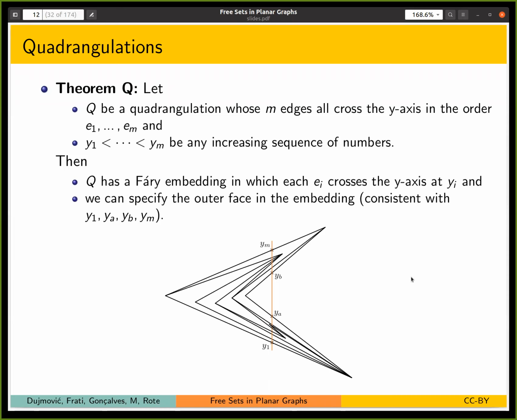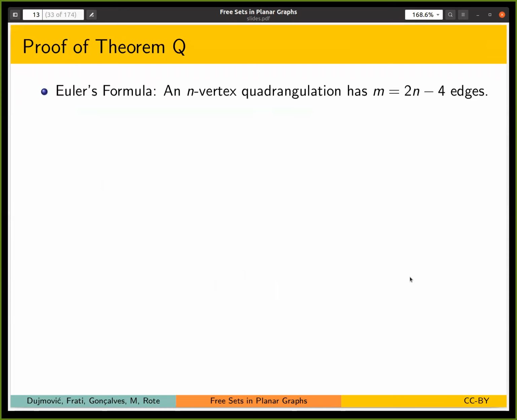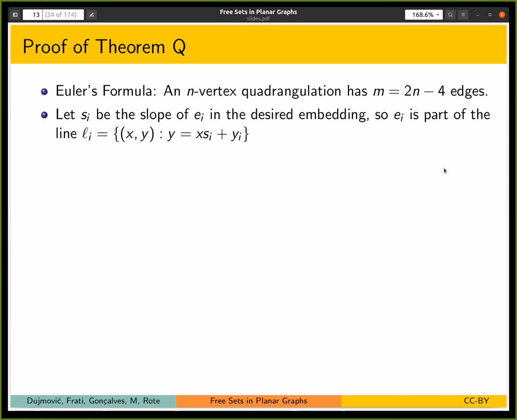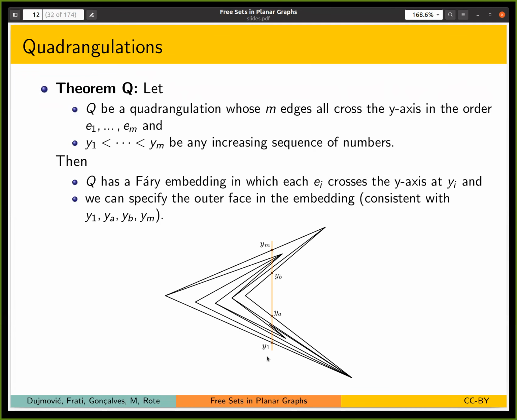Okay, so how do we tackle this? Well, if you just use Euler's formula, you'll deduce that if you have n vertices in this quadrangulation, you have 2n minus 4 edges. And if I want to specify this drawing, you've already told me where the edges have to cross the y-axis. So in order to specify the drawing, it's enough for me to tell you the slope of each edge.